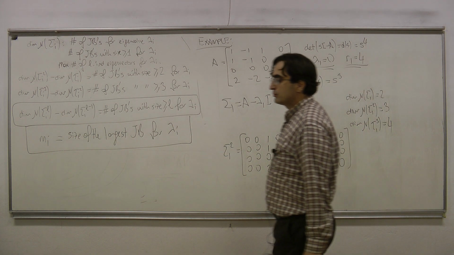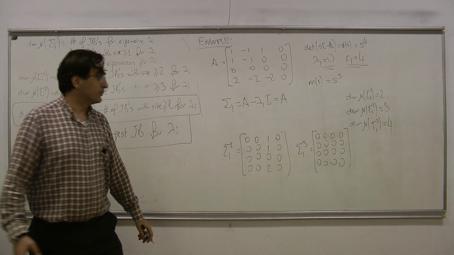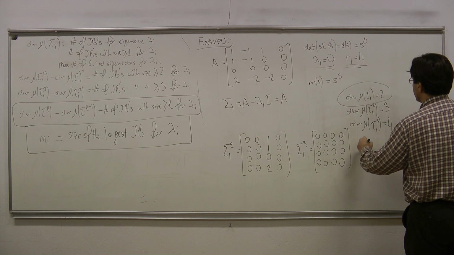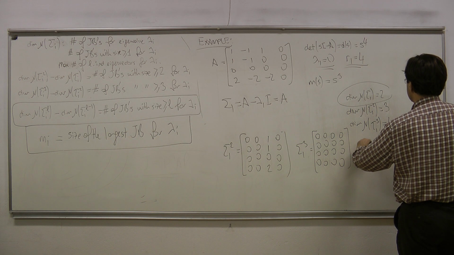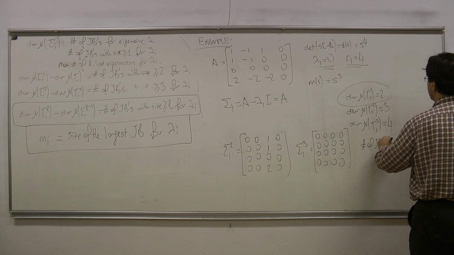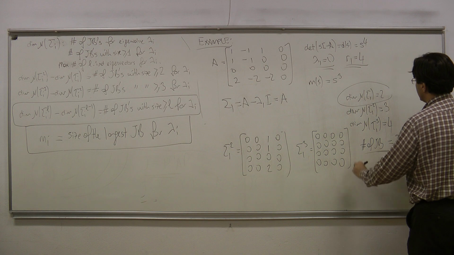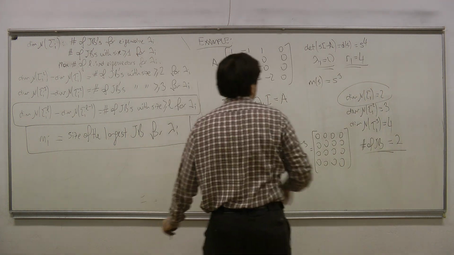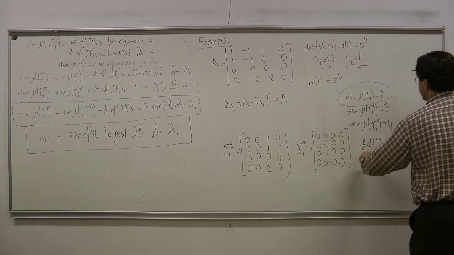So now calculate the Jordan canonical form of this matrix. This dimension is going to give me the number of Jordan blocks, which is equal to 2, according to this result. And what about the difference?